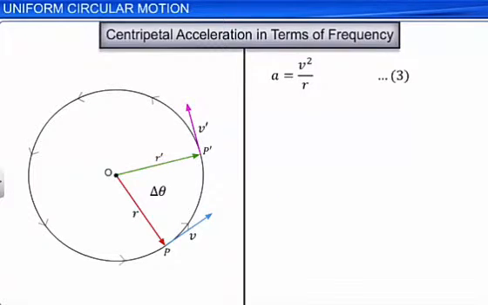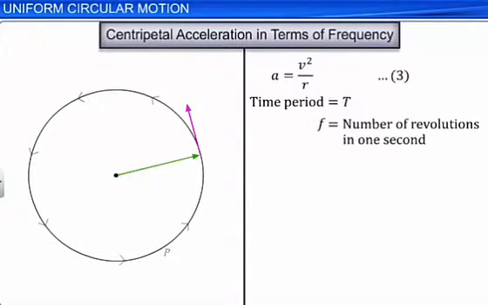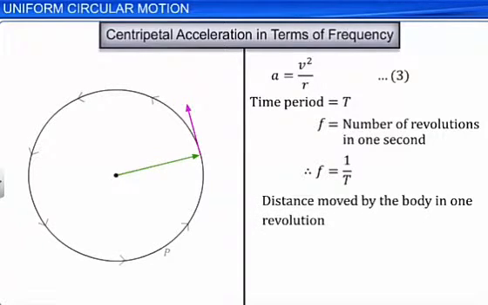Now let us find the centripetal acceleration in terms of frequency. Time taken to make one revolution, that is, time period, is T. Frequency, f, is the number of revolutions in 1 second. Therefore, f is equal to 1/T. Distance moved by the body in one revolution is equal to 2πr.